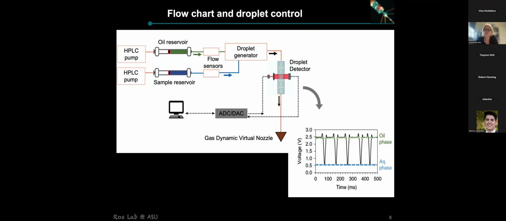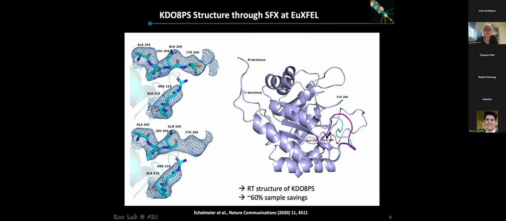to be improved. Okay, so one of the first experiments that we did, already quite a few years ago, was at the European XFEL. We brought our droplet injectors and we demonstrated that we indeed can obtain crystal structures from protein crystals injected in the droplets.